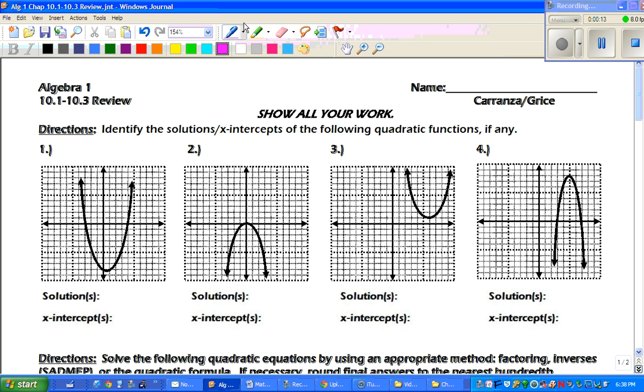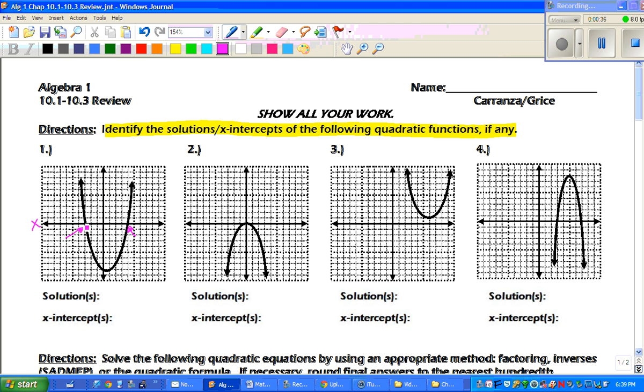So, it tells us to show our work. First part says, identify the solutions, the x-intercepts of the following quadratic function, if any. Remember that the solutions are the x-intercepts, and that's where the quadratic parabola crosses the x-axis.